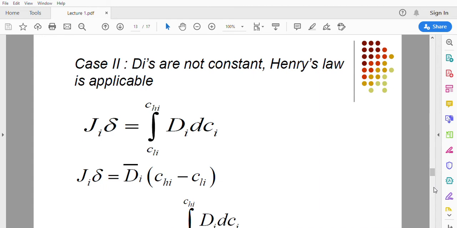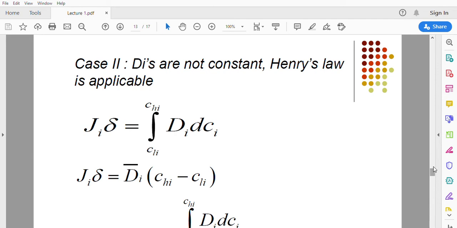Now we can consider case 2. In case 2, we assume that the feed species is present at a subcritical temperature, meaning the environment temperature is lower than the critical temperature, but the membrane is present at higher than the glass transition temperature. That means the environment temperature T is higher than the glass transition temperature.